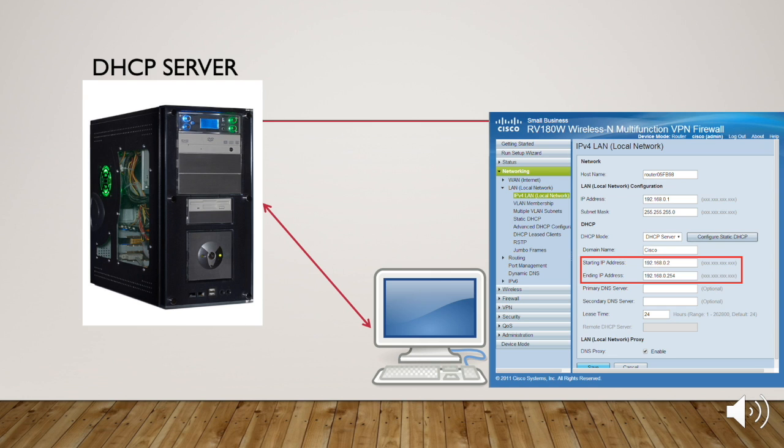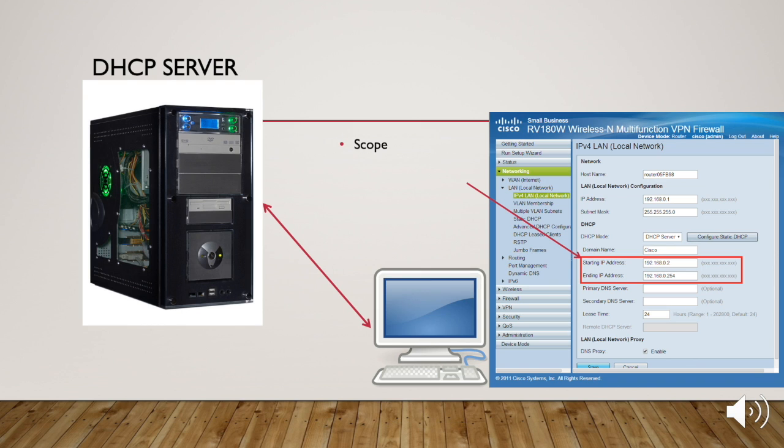The scope is a range of available IP addresses that the network admin can define. As you can see here, the starting IP address is 192.168.0.2, and the ending IP address is 192.168.0.254.